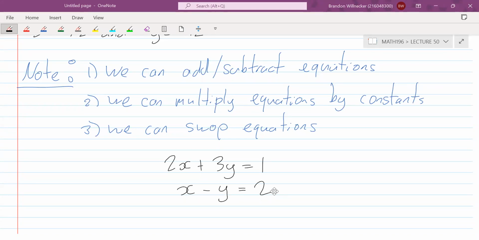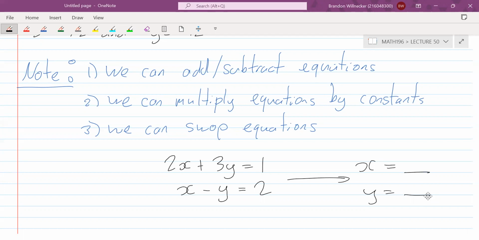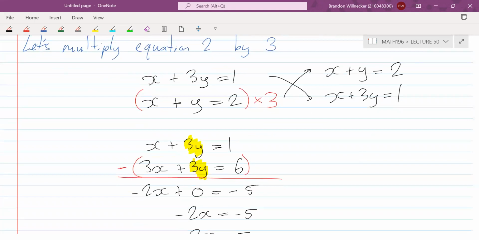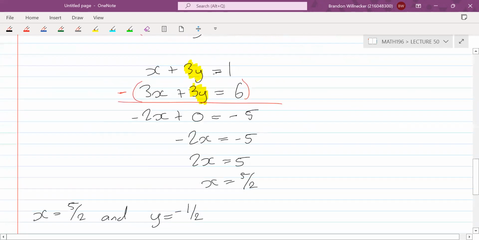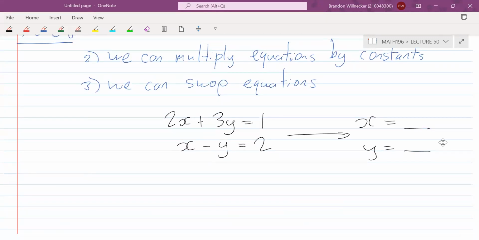So what we want to try and do is use these rules, the adding and subtracting, multiplying by constants and swapping, to try and turn this into something like x equals something, y equals something. We want to solve for x and y. So we want to manipulate these equations such that we get our solutions at the end, like we did over here with these examples. You see, we manipulated the equations, we added them together, we multiplied by constants, and we got our two solutions. Okay, so that's what we want to do.